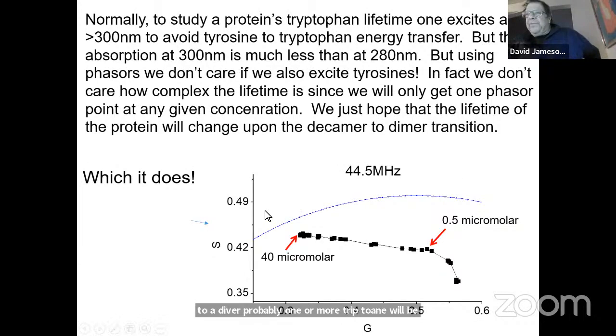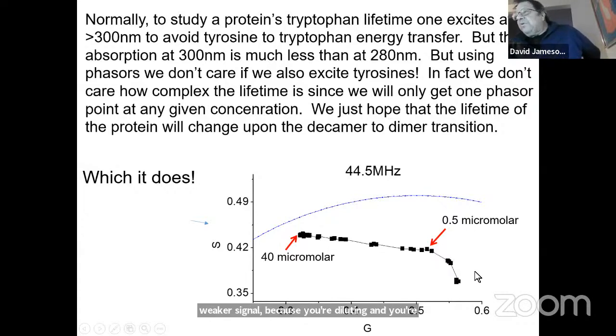And it does happen. Here you see 40 micromolar, the phasor point. You dilute and dilute and dilute, you get to 5 micromolar, it's changed a lot. And in fact, what we're seeing here is the decamer to dimer dissociation. Now down below this, when we originally did it, we thought this might have been a dimer to monomer transition. Well, it's not. It turns out you just get weaker and weaker signal because you're diluting and you're picking up fluorescence from the buffer.